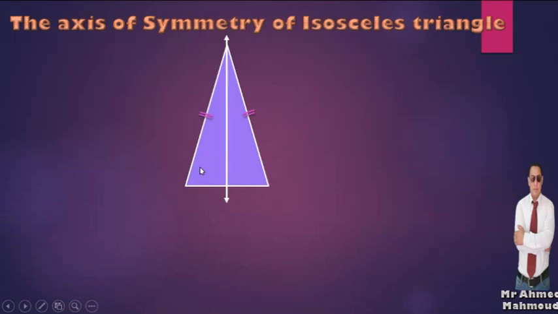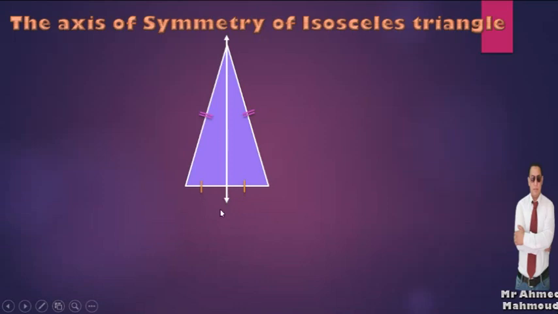But now I need three properties of the axis of symmetry of the isosceles triangle. The first property: this line bisects the base. For example, if the base equals 10 centimeters, then the axis of symmetry divides this 10 into 5 and 5.